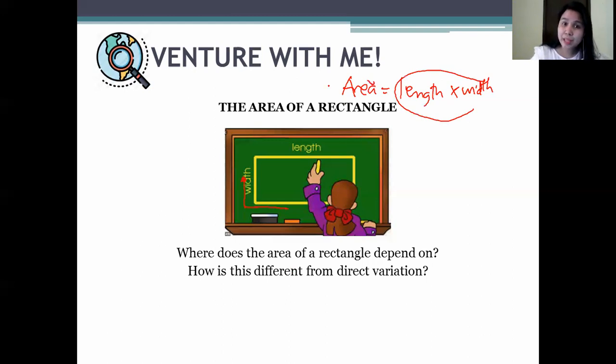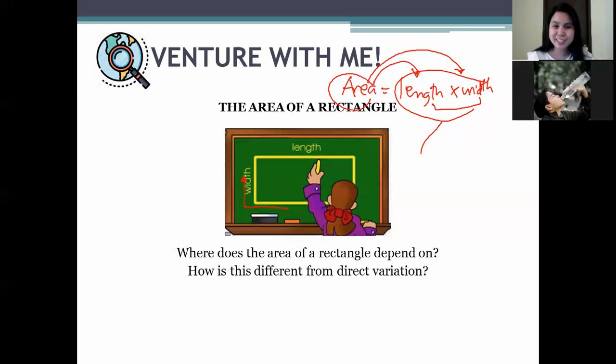For example, area depends on length, or area depends on width. But look at here. We are starting to have two variables. Therefore, this makes a difference for a joint variation. Or shall I say, a joint variation is a combination of two or more direct variations.